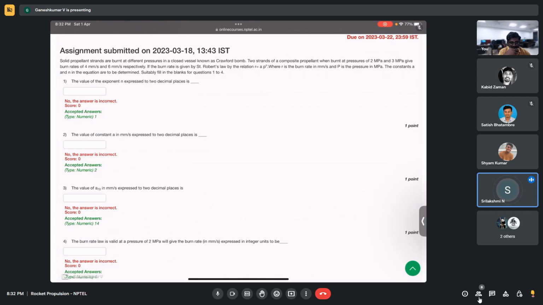In the videos, the professor explained that A70 corresponds to the value when the pressure is expressed in atmospheres, and A7 when it is expressed in megapascals. But in the solution, the pressure considered is in megapascal, so the correct answer is given as 14.